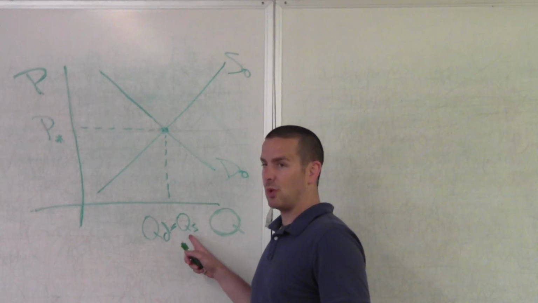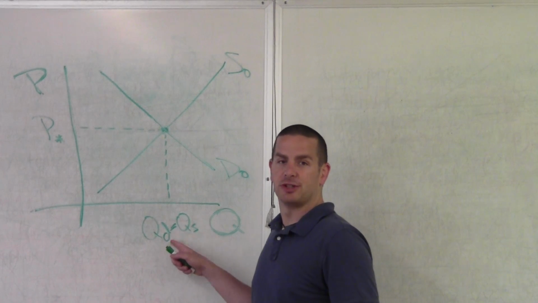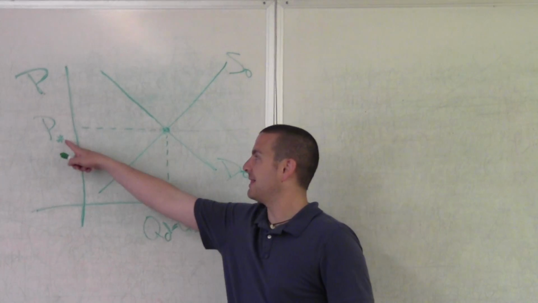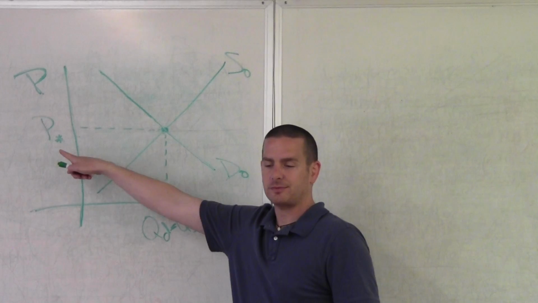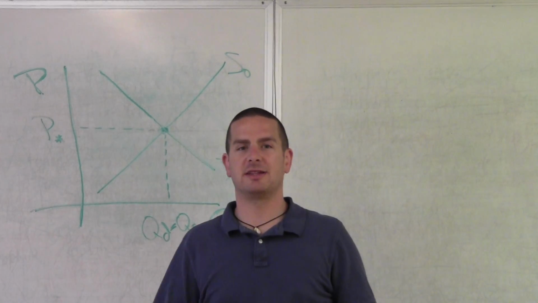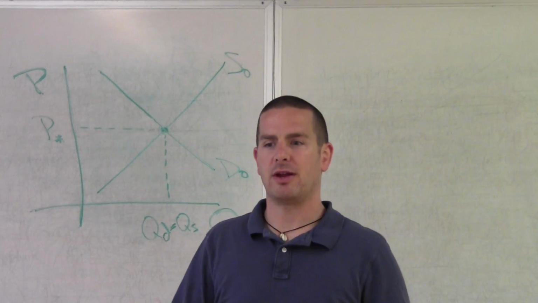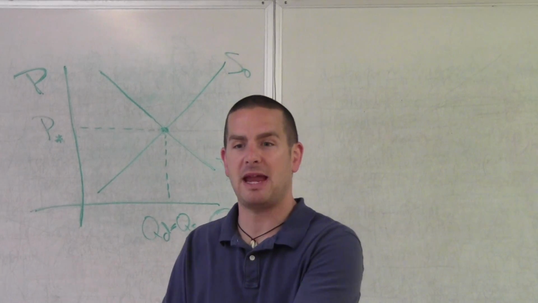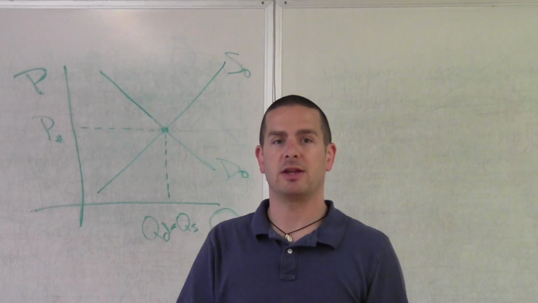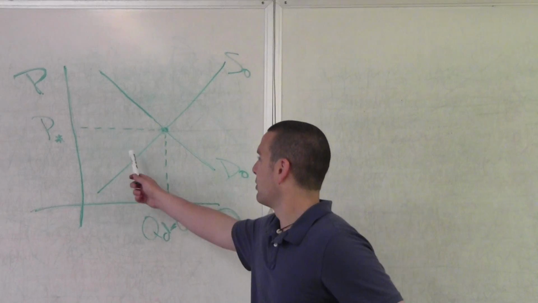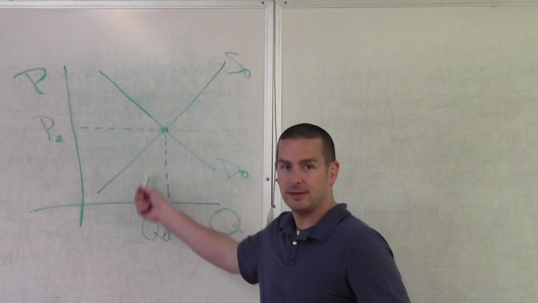Since quantity supplied is equal to quantity demanded at that price, then there's nothing left to sell anymore. Right? Whatever businesses made was sold. Okay? So you call this the market clearing quantity.